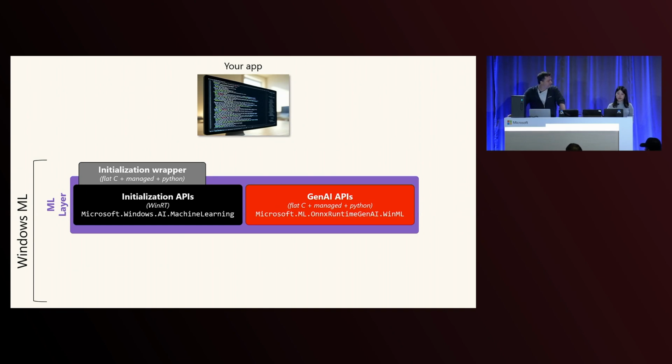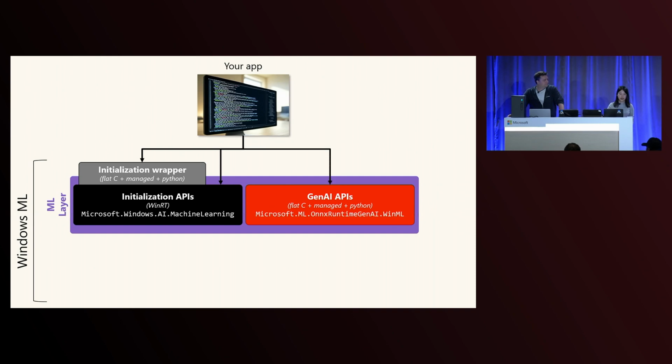It exposes an infrastructure object that you use to download all the applicable execution providers and also make sure the runtime is up to date. The initialization APIs are exposed in WinRT, but we've also provided FlatC wrappers with managed projections as a convenience, so you don't need to learn and write WinRT.